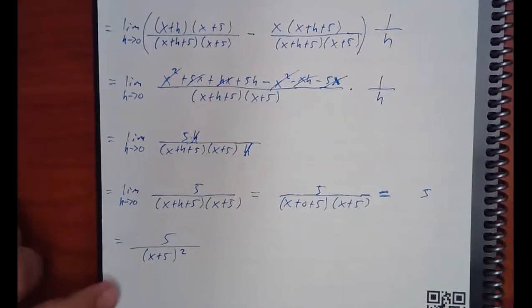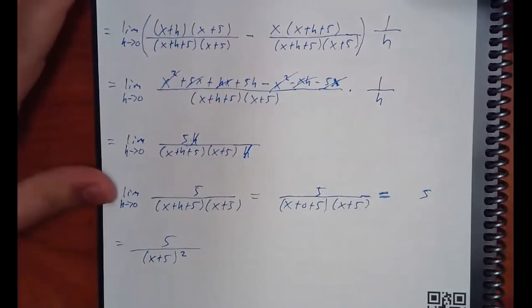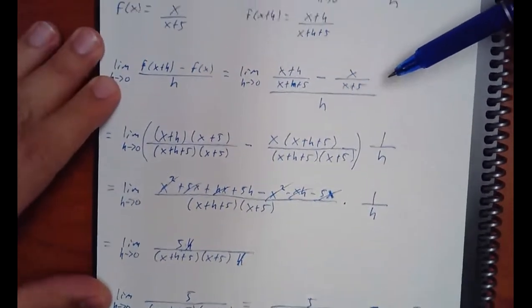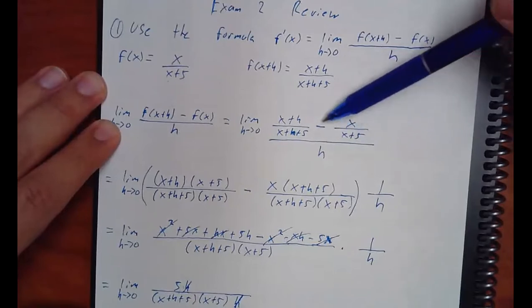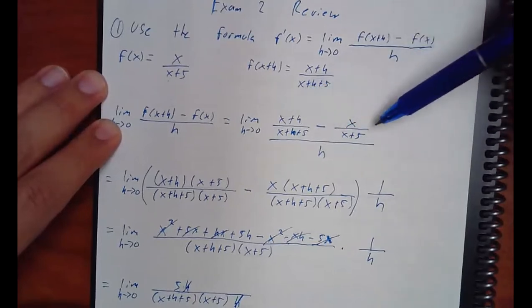Are there any questions on any of these steps here? Is the algebra okay? Do you see that we're just using this formula? It's just that the algebra was kind of annoying because we had a fraction, a rational expression here.